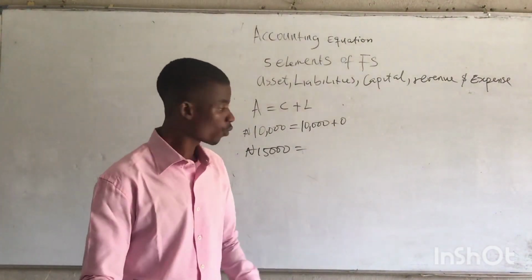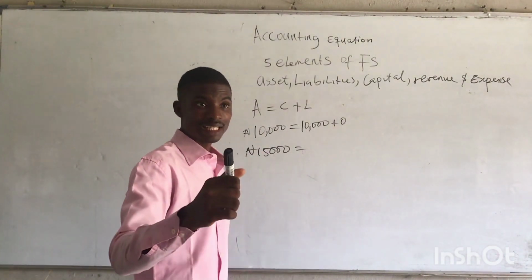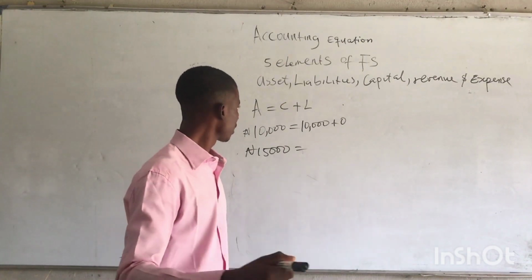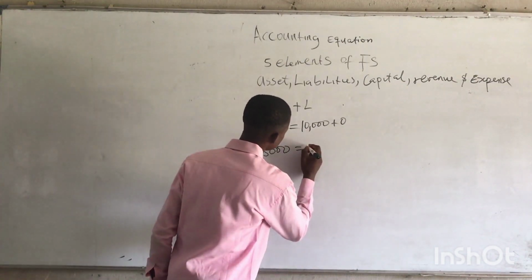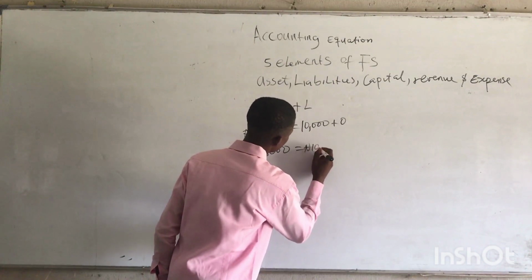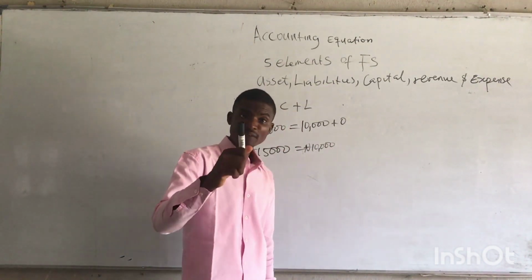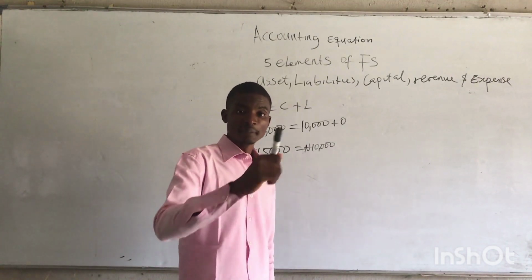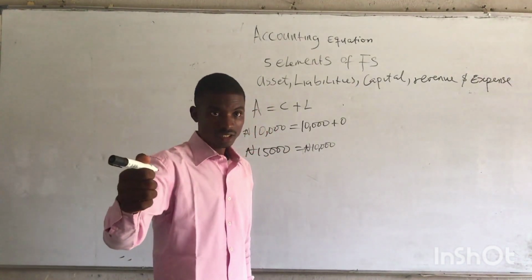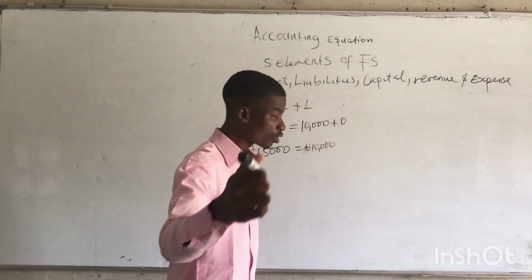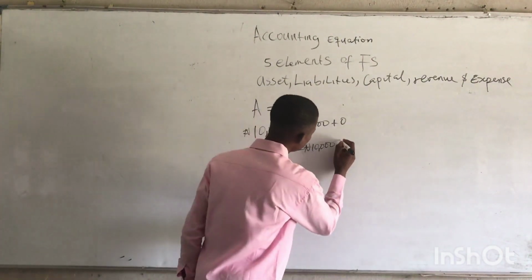So now the accounting equation will be: the 10,000 naira we have at hand, which you're paying immediately, becomes the capital. Then the 5,000 naira remaining, which you're going to pay on a later date as you agree with your supplier, becomes the liability.